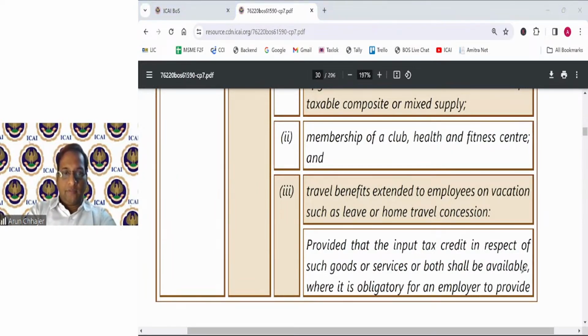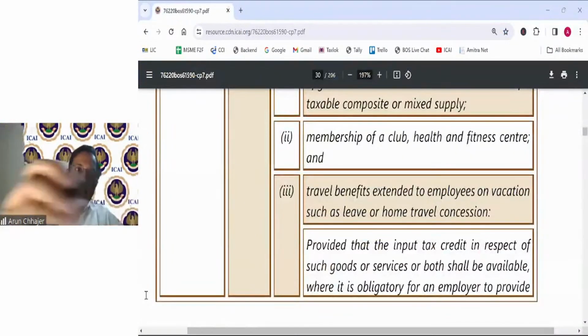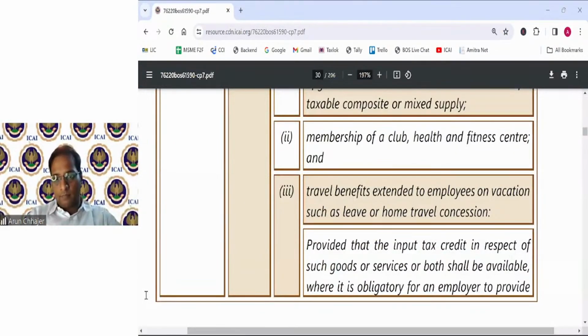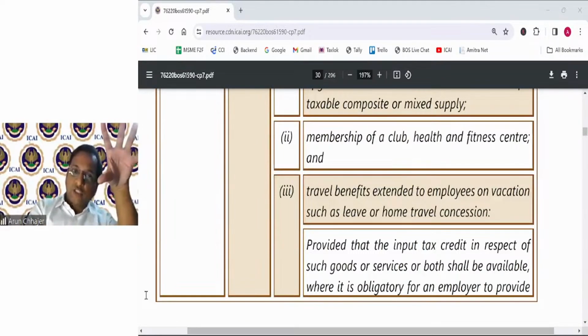So fine, move further. Ma'am, one second, let me check once. Is it clear to all? Aniket, clear? Okay.